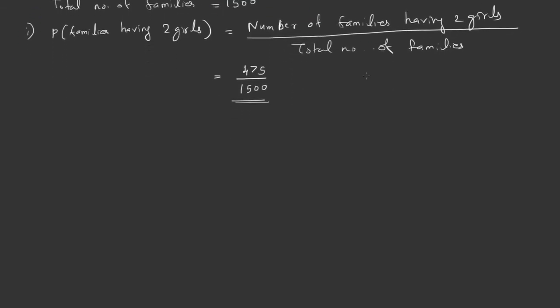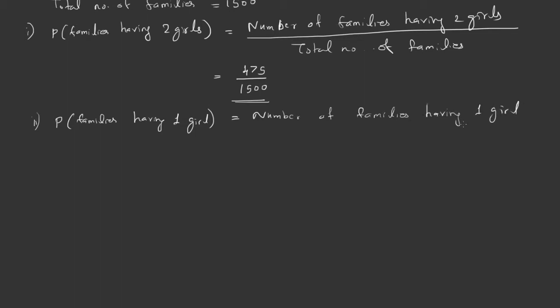Similarly, I can calculate the second question, that is the probability of families having 1 girl, that is equal to number of families having 1 girl divided by total number of families.